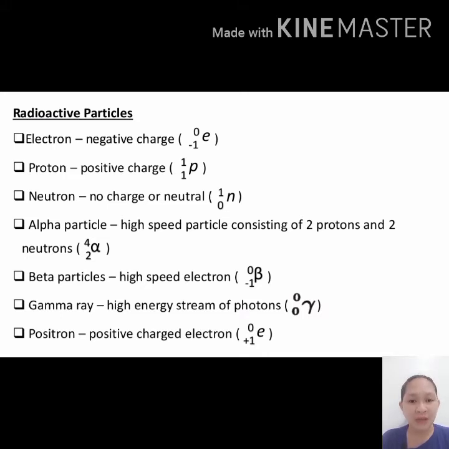So, the subscript is -1 and the superscript is 0. The next is the gamma ray. Gamma ray is a high-energy stream of photons. So, as you can see, both subscript and superscript are 0.